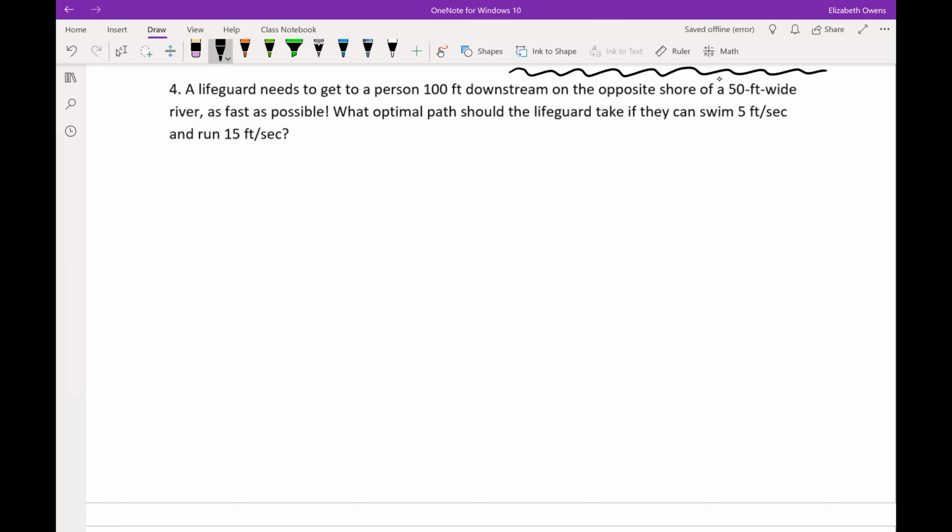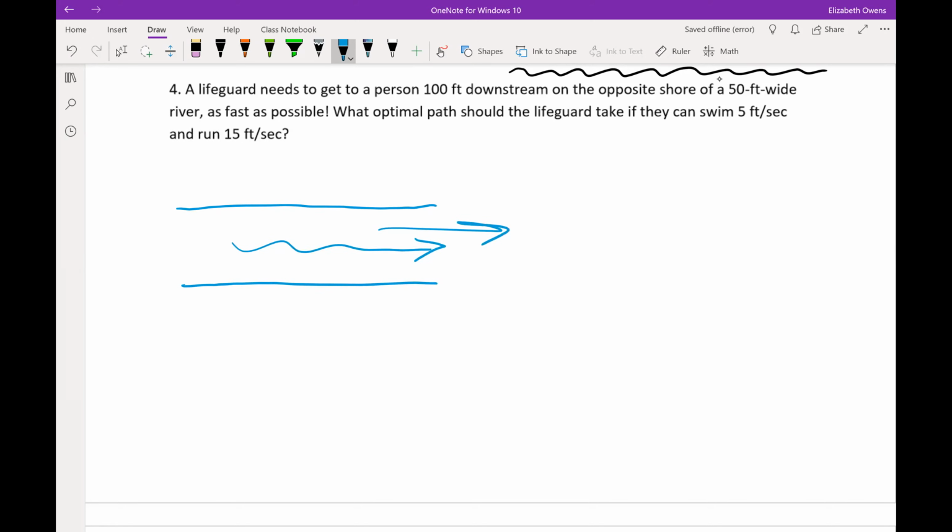All right, so let's sketch a picture as we do. We need a river. Okay, it's a very straight river. And it's flowing this way, so this direction will be downstream. Just arbitrarily, your picture might look a little different.